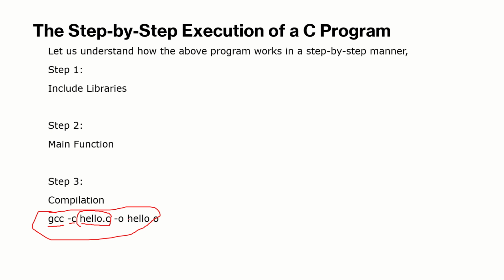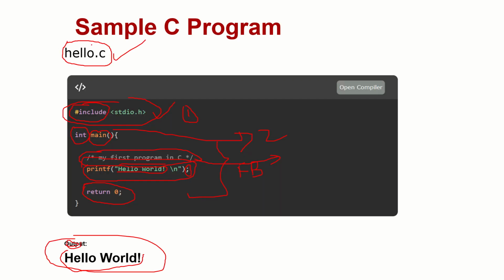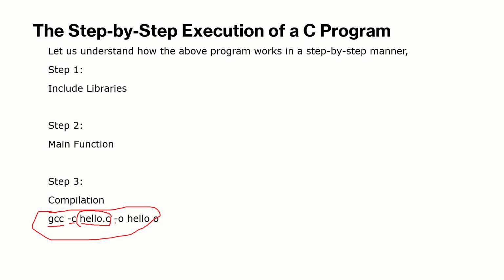I have saved my file name as hello.c, that's why I have given hello.c. The c option specifies the source code file to be compiled. This will result in an object file called hello.o.